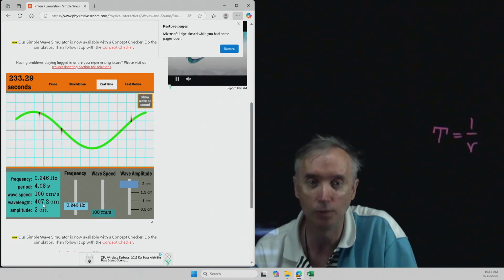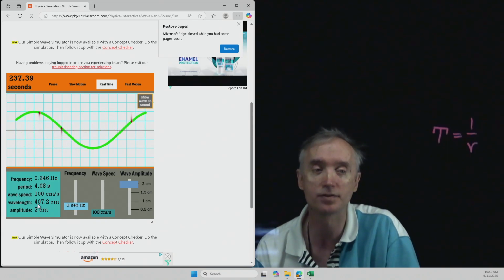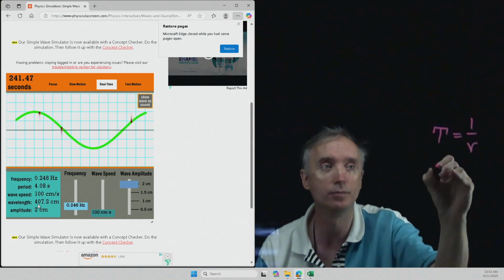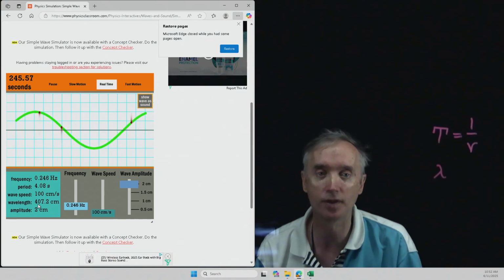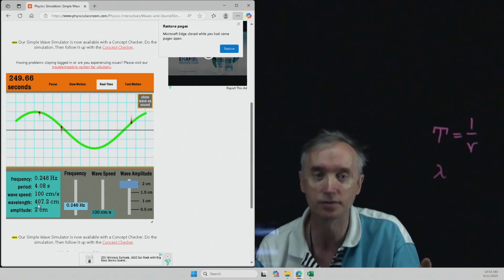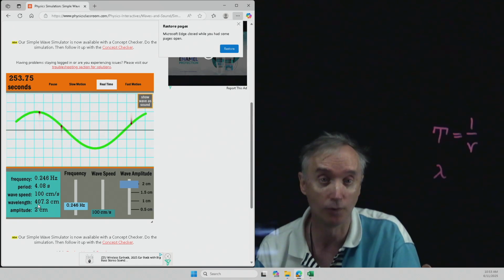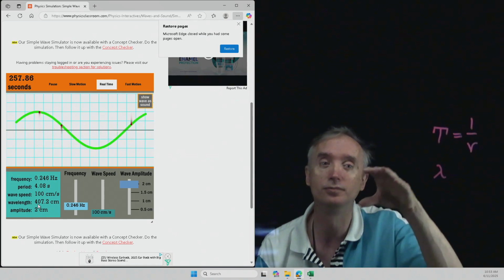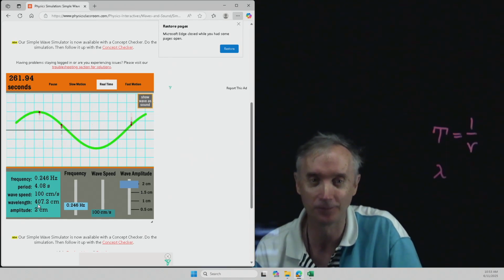And then you've got the wavelength of the wave, and that's going to be the letter lambda. So wavelength is going to be this letter here, lambda, and that's the distance from a crest to a crest, or it could be the distance from a trough to a trough, or from the midpoint to the midpoint where it repeats itself again.